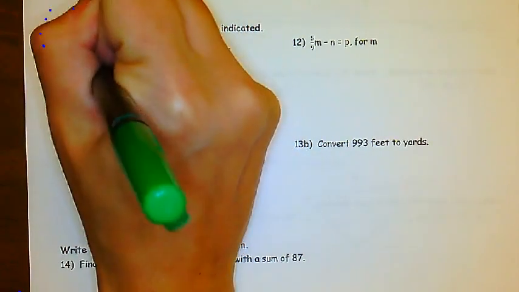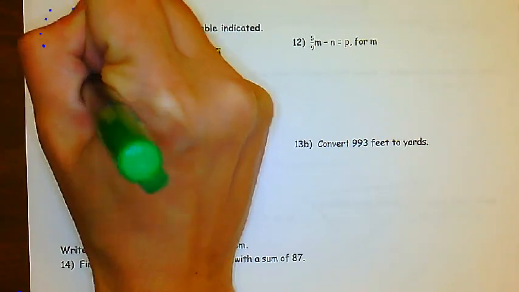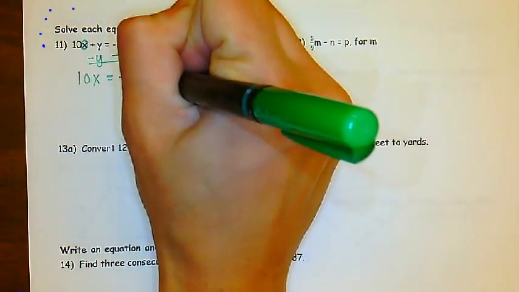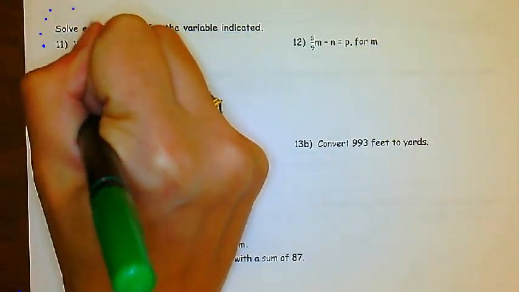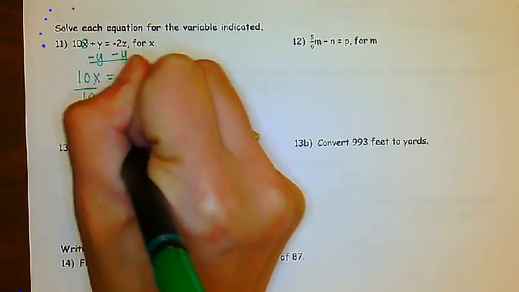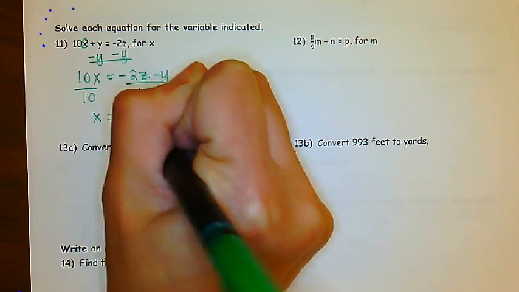Okay. Next, we are going to isolate. We get 10x is equal to negative 2z minus y. Okay, divide both sides by 10. So x is equal to negative 2z minus y over 10.